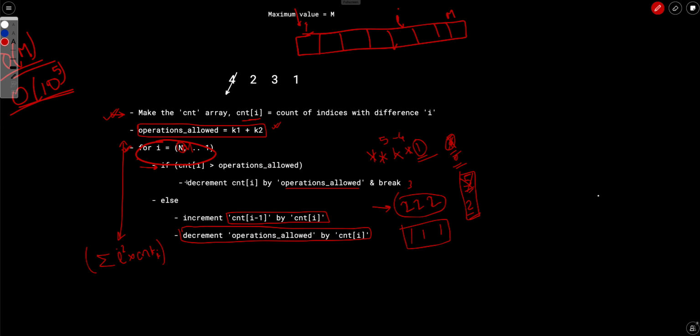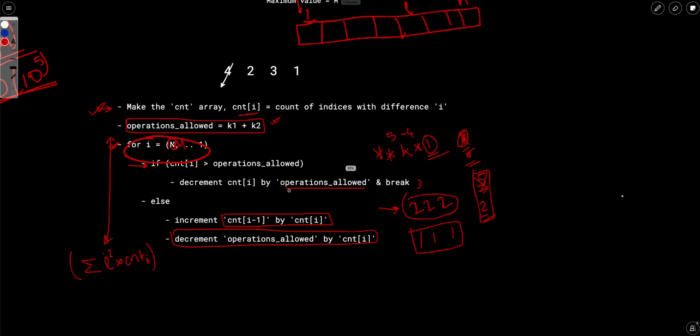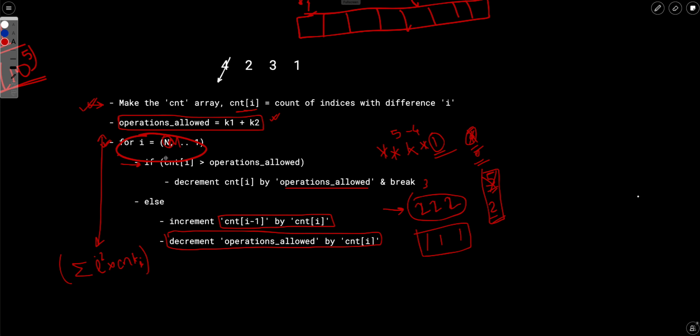Okay, and now you are just starting from the topmost element, grouping all the numbers which have this particular value, and converting them to m minus 1, basically the previous value, by spending some operations.